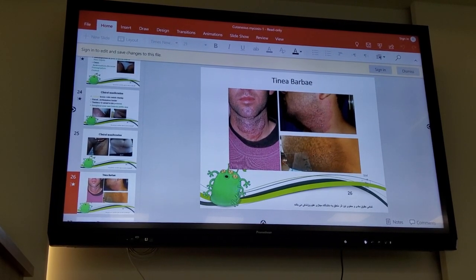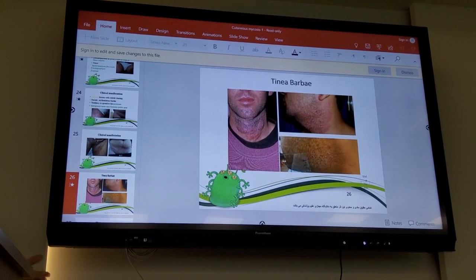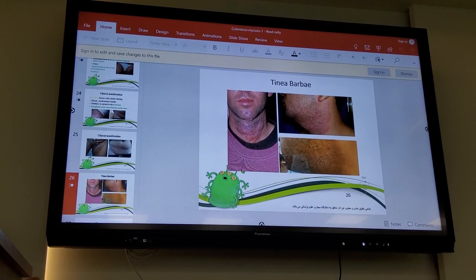Tinea barbae may involve the mustache. Next, I will explain.